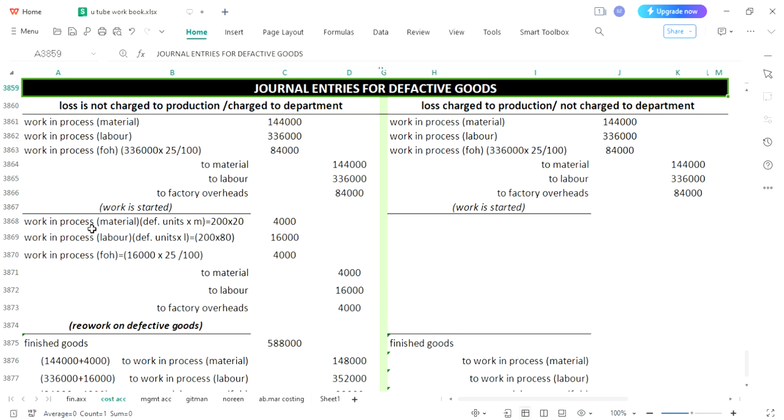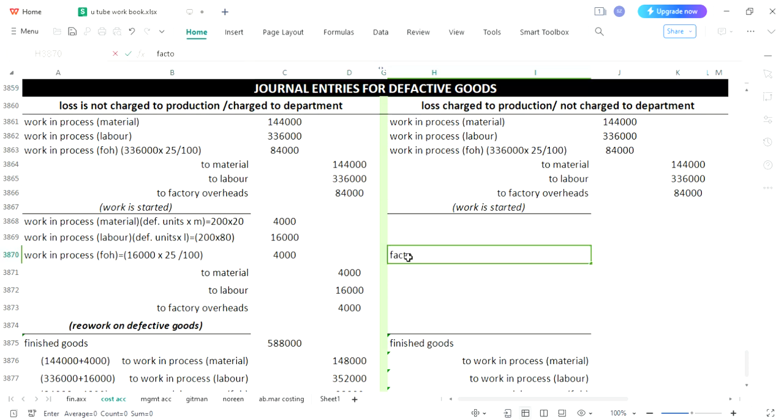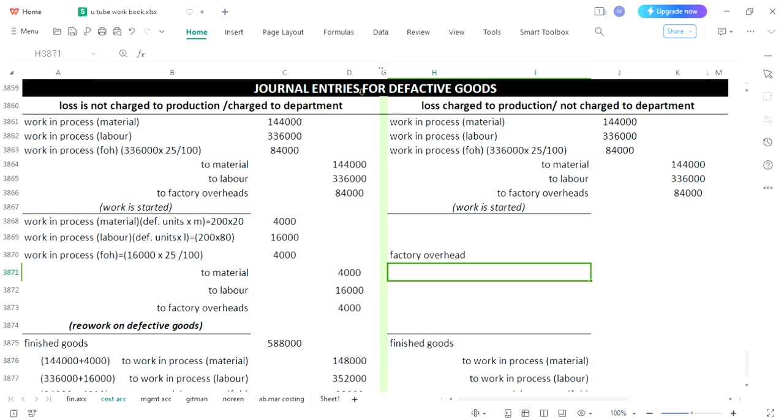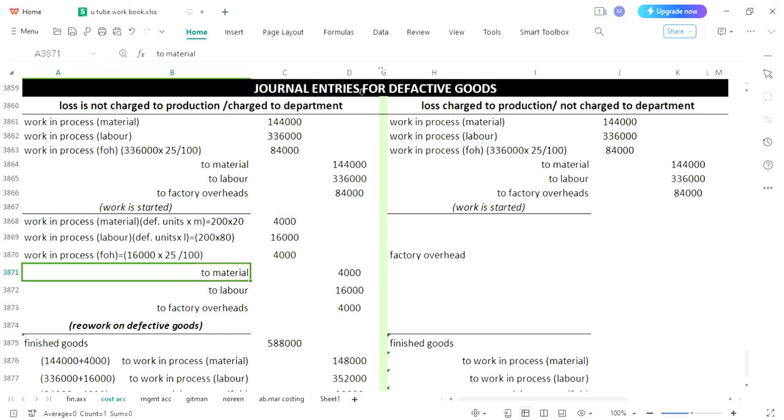You will replace this work in process material labor FH, remove it, and in place of these three factors, you are going to introduce a single word, and that is factory overhead. And again you will be happy that the credit side and narration would be absolutely similar.